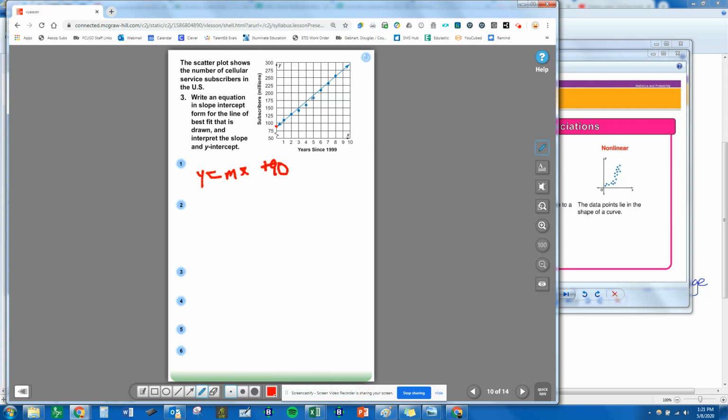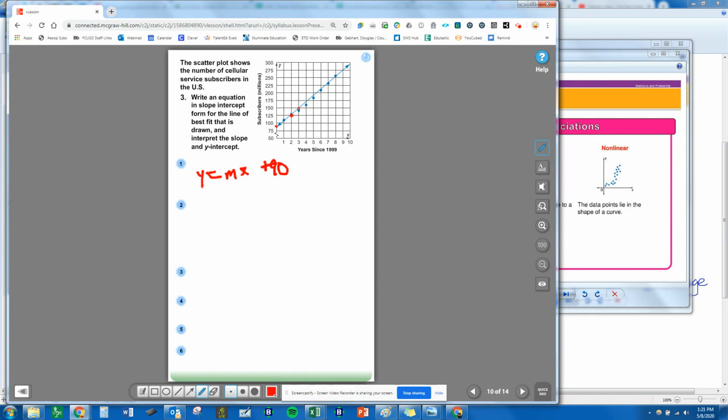Now, don't look at the dots here. What you want to do is look for points that are really close to following the axis. Here I notice this one's pretty close. And let's find another one that's pretty close. Well, this one's pretty close. Is there anything closer? Yeah, I would maybe just use this one.